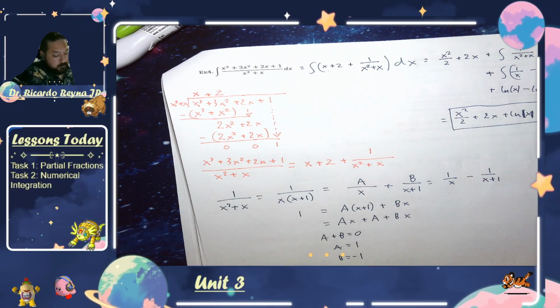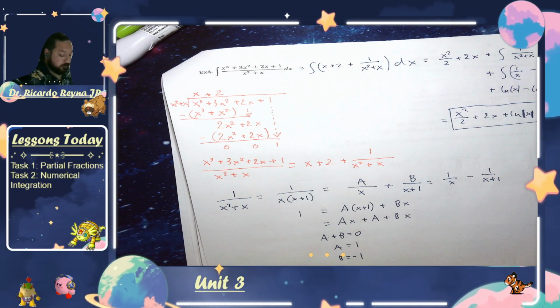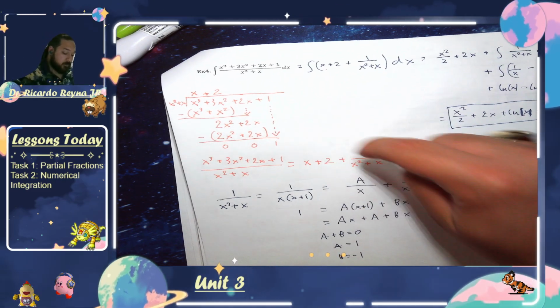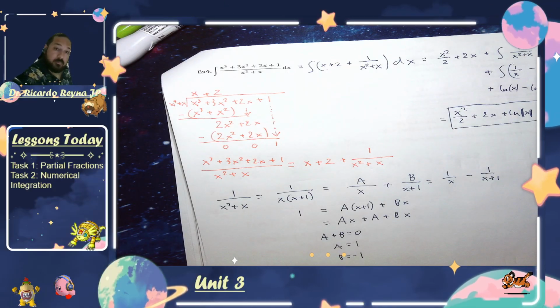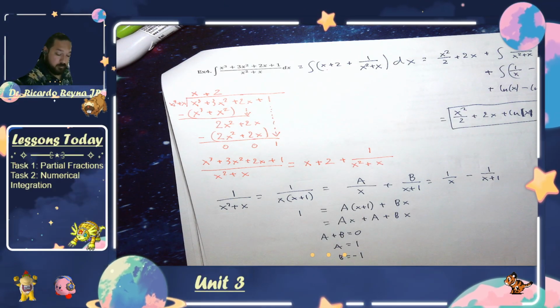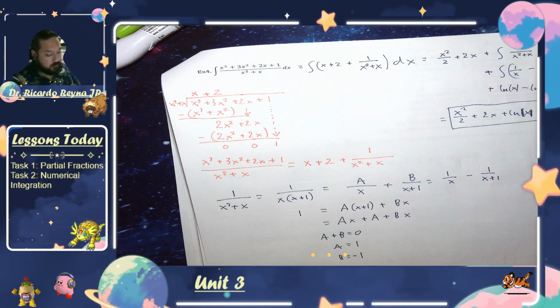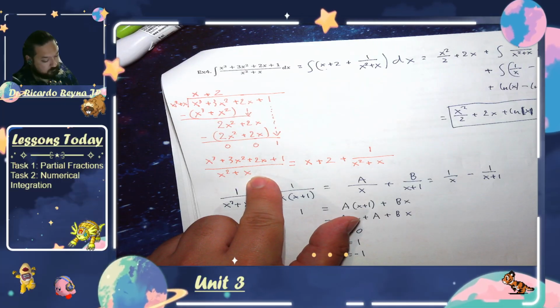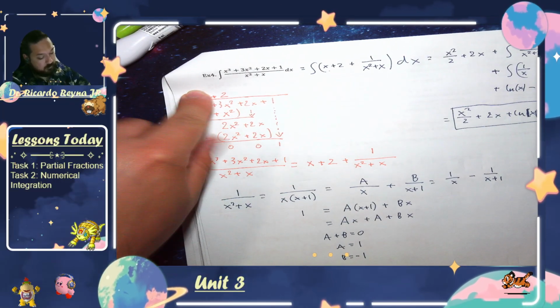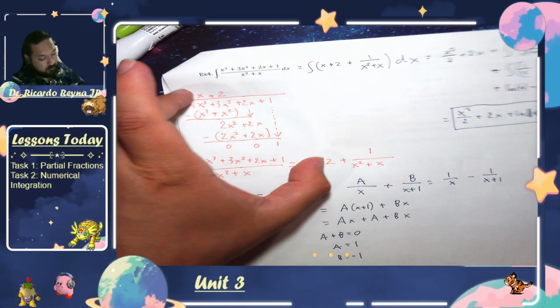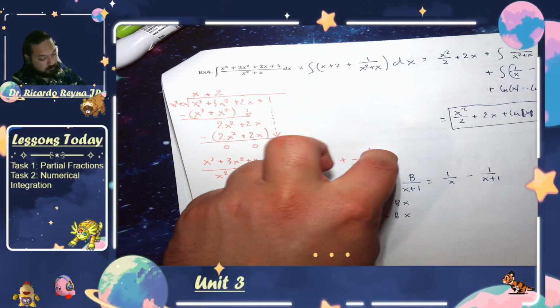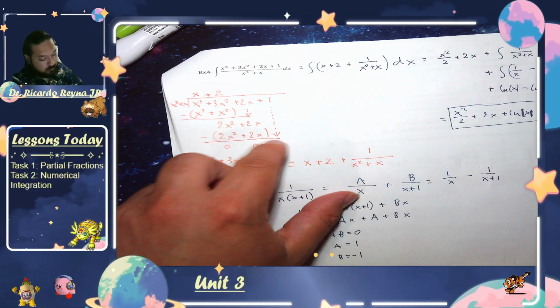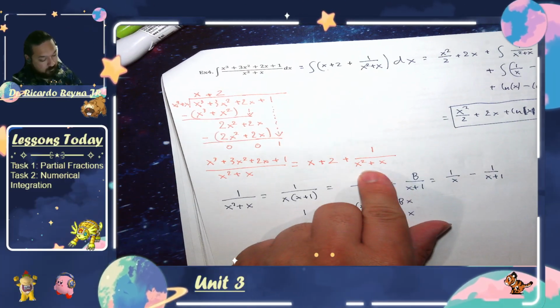So, like any long division, you have what's fully quotient out and your remainder. So this expression, x to the power of 3 plus 3x squared plus 2x plus 1, all over x squared plus x, is equal to x plus 2 plus the remainder 1 over x squared plus x.